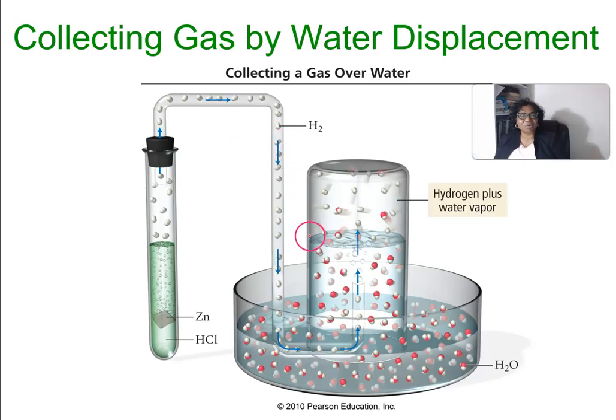So it goes here, and as it goes here, it displaces water. So here you have hydrogen gas, but you have some water vapor there. So when you're carrying out this experiment, you must know the temperature at which you're carrying it out so that you can know the vapor pressure of water at that temperature and be able to subtract it.